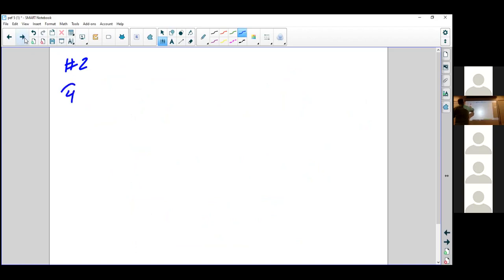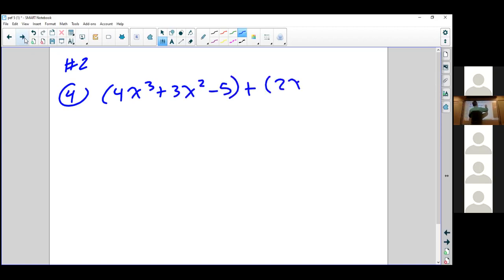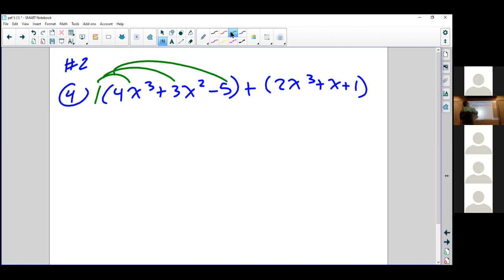Okay, so worksheet number 2, this is number 4. So I have 4x to the third plus 3x squared minus 5, plus 2x to the third plus x plus 1. So remember, there's theoretically a 1 out in front, so I'll distribute that over. That allows me to drop my parentheses. There's a 1 out front here.